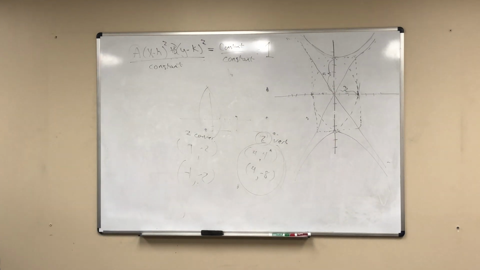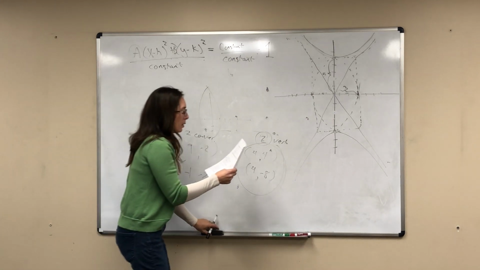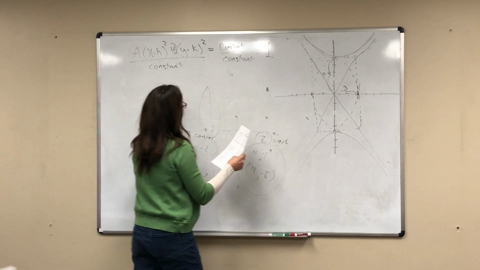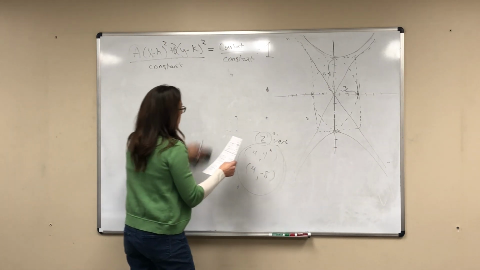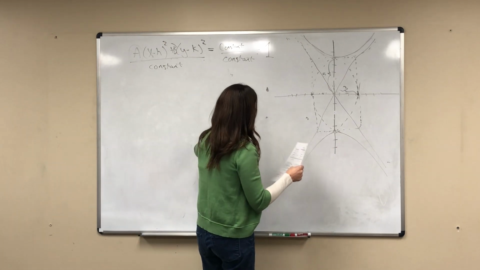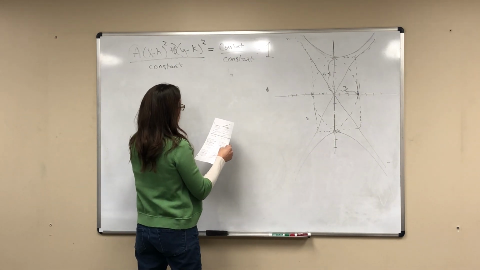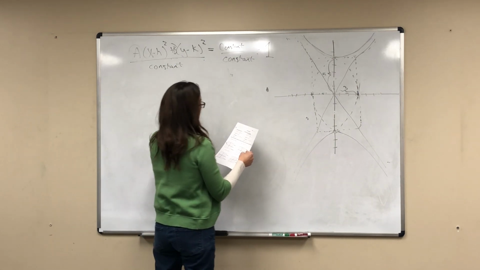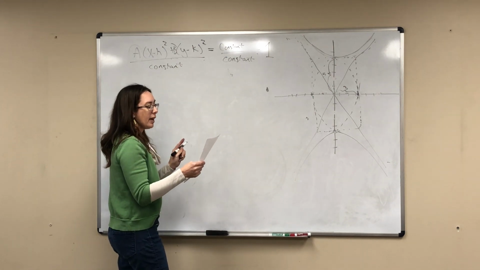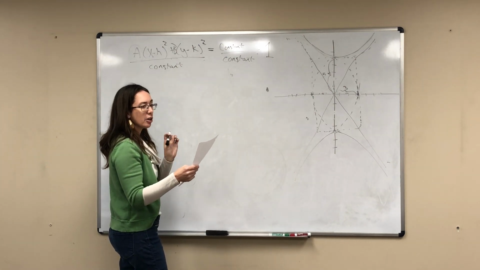Let's look at, we've got a few minutes, let's look at something on the hyperbola. Let's look at number 1 on your hyperbola. Okay. 9x squared minus 16y squared equals 144. So number 1, we have 2 squared terms. They are subtracted.